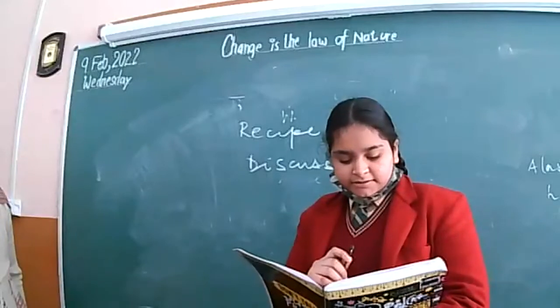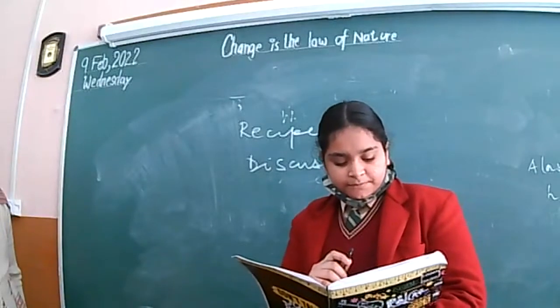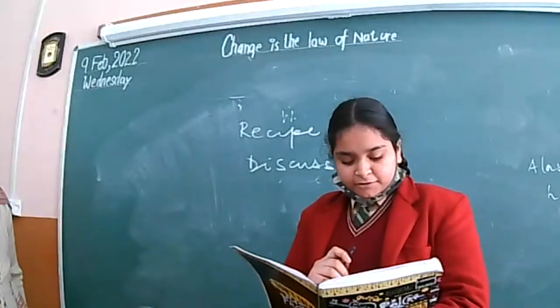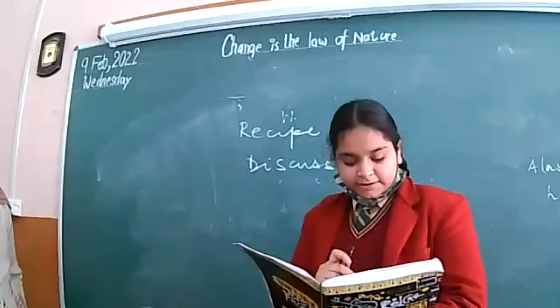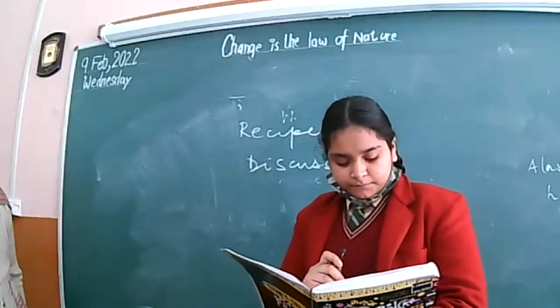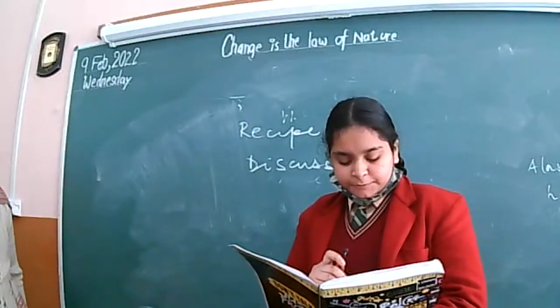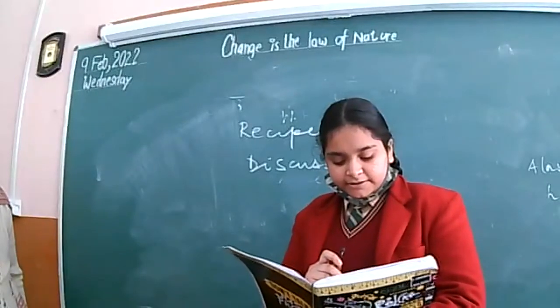Mix it well until it's fluffy. Now pour a little of the batter on the hot pan and spread it until it's cooked. Turn over the chilla and serve it with the special green chutney, which is very tasty to eat.